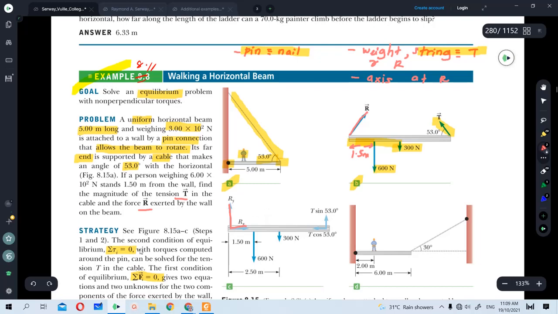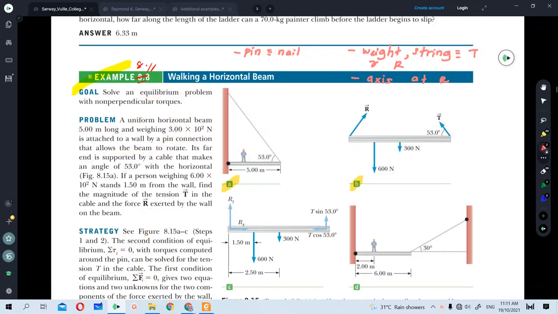Alright, so we are going to use this condition of equilibrium and solve to get T and R value. Let's start with the resultant force in the X direction and Y direction equivalent to 0.